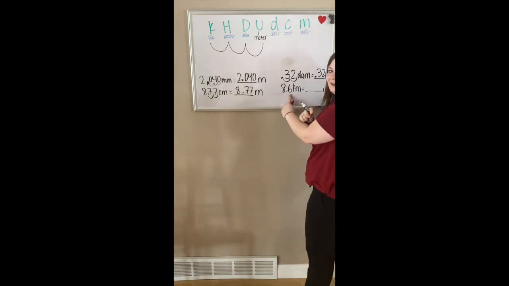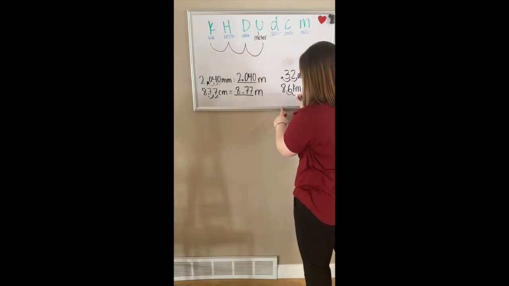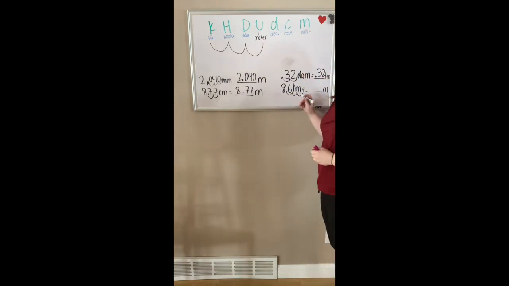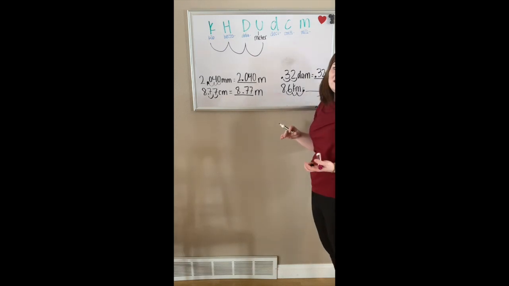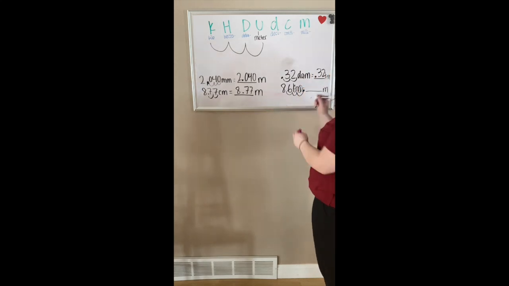Because my number has a decimal, I start at the decimal. So I'm going to go whoop, whoop, whoop, and put my decimal. Now, you'll notice that one of my whoops had a 6, but the other 2 whoops have nothing in them. I just put a 0 and write my number, okay?